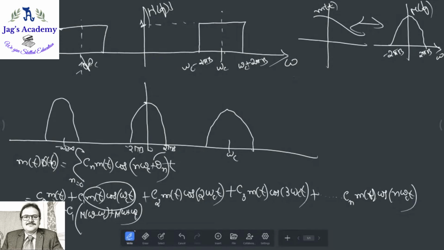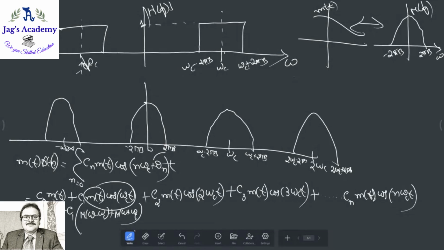Same thing. And what is this? This is omega c plus 2 pi B. This is omega c minus 2 pi B. Okay, next, is it over now? No, what about this term? Same thing, shifted by 2 omega c. You will have one more here at 2 omega c, same thing. This is 2 omega c plus 2 pi B. This is 2 omega c minus 2 pi B.